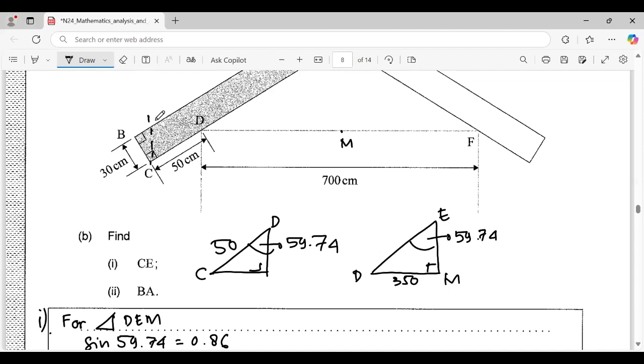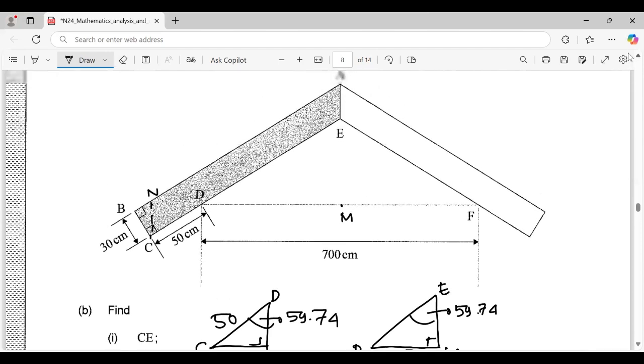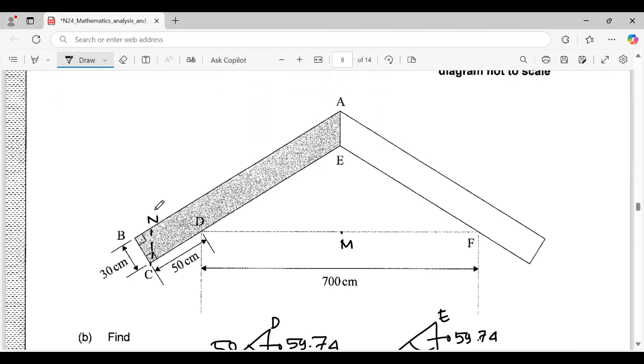So if we can find BN, and NA equals CE, so this is 455.21.